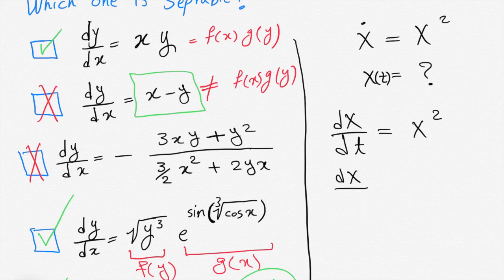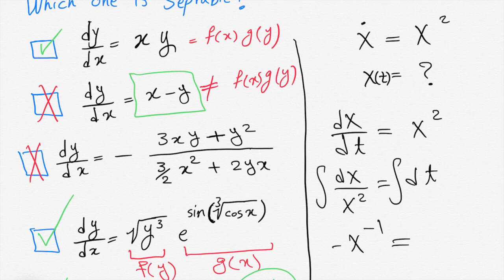Therefore you can bring x squared over here to make it in the desired form, then bring the dt over there and take the antiderivative of both sides, and then you will be able to say that this is going to be minus 1 over x equals t plus c.